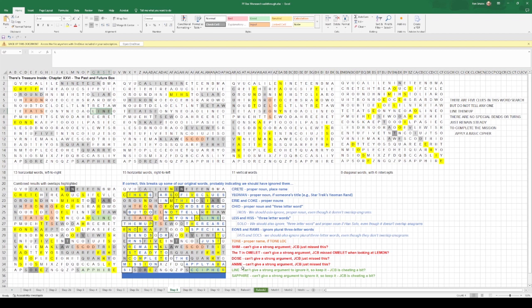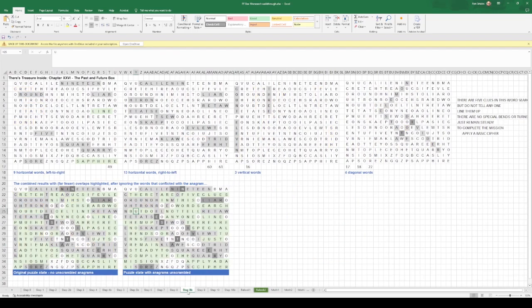Basically, I've got all this logic here for why I'm excluding things, not just because they look pretty. There's only really 2 of them that I'm excluding because they just don't feel right, or I should say because the anagram breaks them.